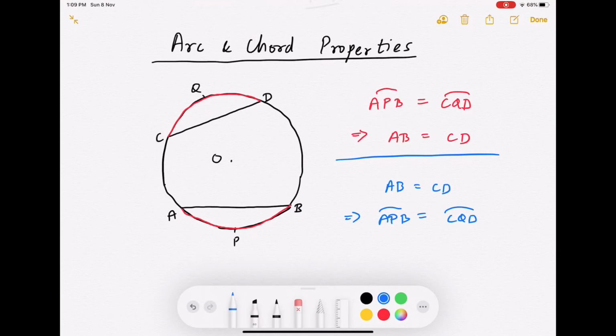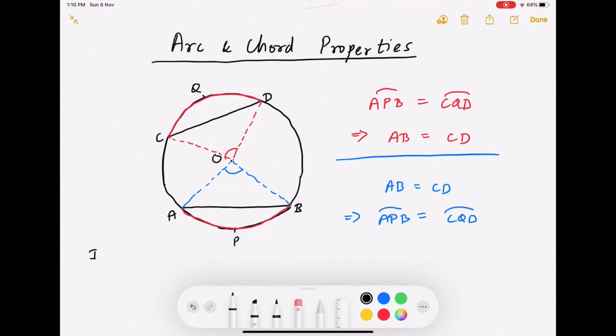Then the next property is related to the angle subtended by the arcs or the chords. So let's say the chord AB is subtending this angle AOB at the center, and the chord CD is subtending angle COD at the center.